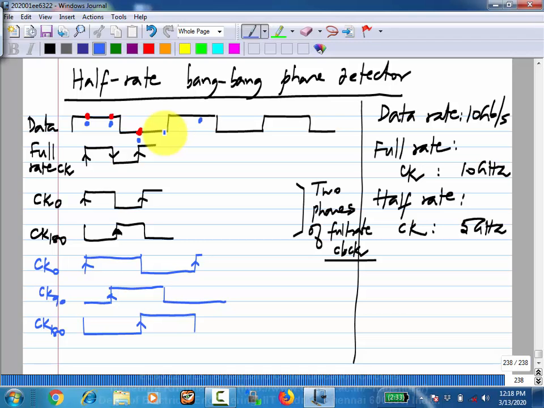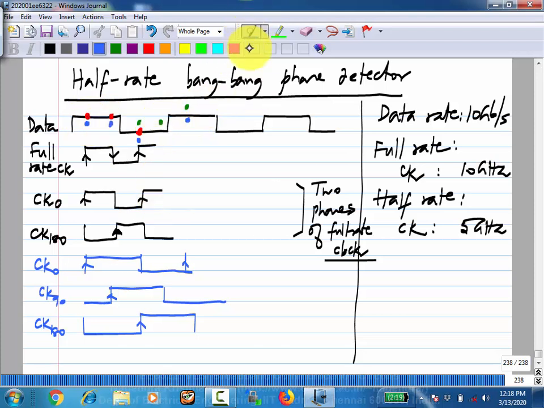Is that enough? Because for the next phase detection, or for the next edge, I will need this one and a sample here and a sample there. Actually, I think I drew it a little too long, but this is what gives me a sample over there, right? Clock 0 gives me a sample here and a sample 2 cycles after that.